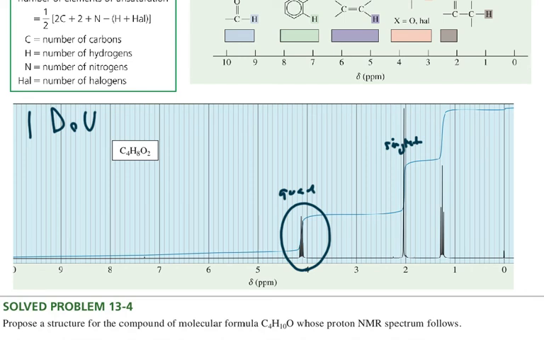I know my handwriting is awful, but I'm saying it also. And then we have a very shielded, or very not de-shielded, triplet. Now this did not give us integration. It did not give us how many hydrogens are at each peak, but we can kind of eyeball it and say that there's not as many at the quadruplet, not as many at the triplet. The triplet's got like an in-between. And then the singlet is more hydrogens.